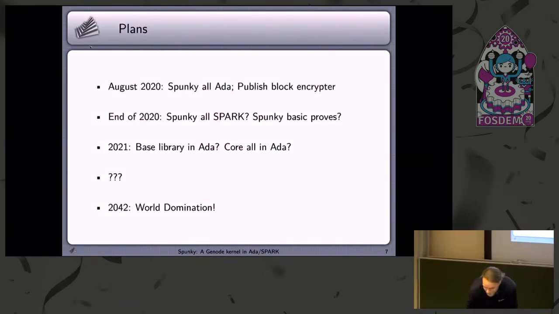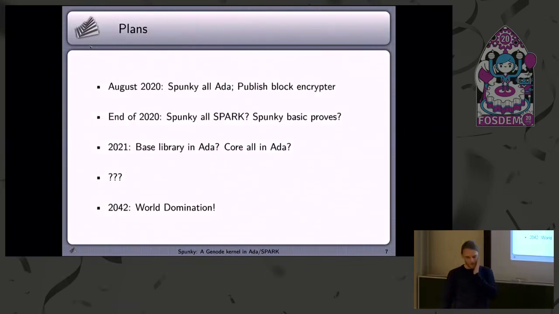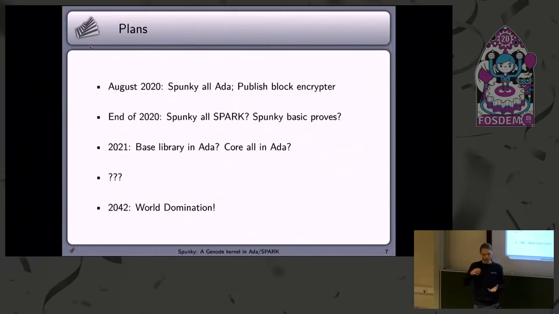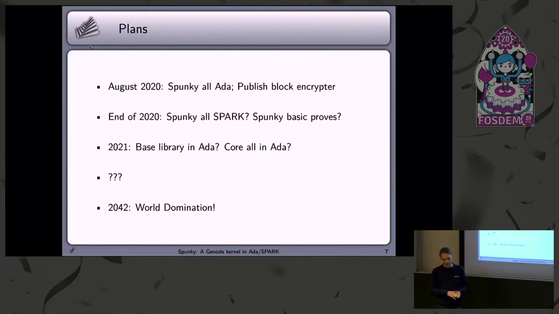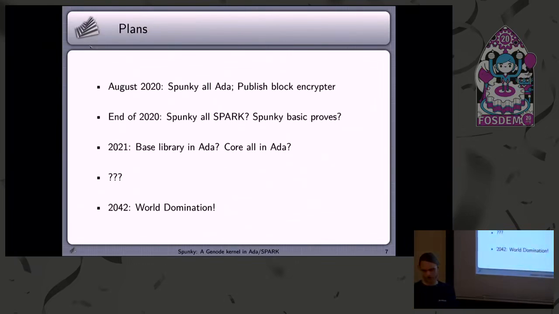Okay, so what are the plans? This year, I definitely want to put all of Spunky in Ada. That's the first thing. I want to get rid of the residual base HW code and all the C++ stuff. Then, yeah, we want to publish the block encryptor, and maybe next year I can show it here, hopefully. And until the end of 2020, I want to do a second step.